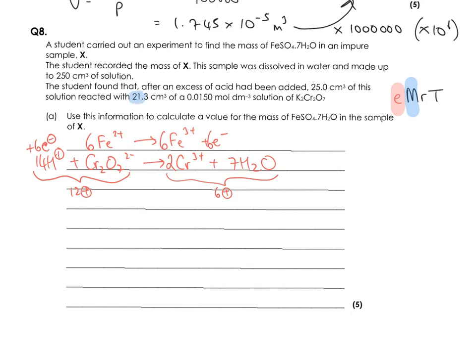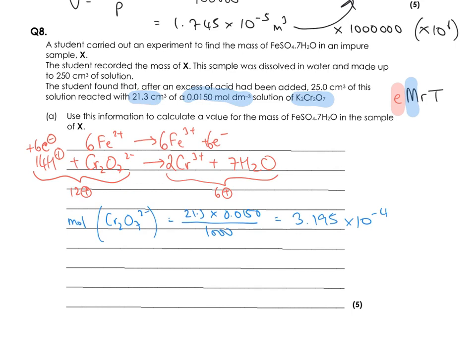And we can work out the number of moles of the dichromate ions, because we've got a volume and we've got a concentration. So the moles of dichromate ions equals 21.3 times 0.0150 over 1,000, and that gives you 3.195 times 10 to the minus 4.